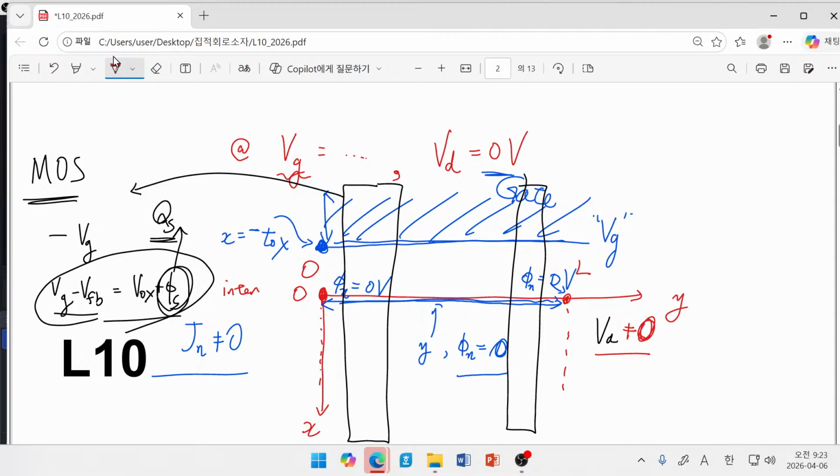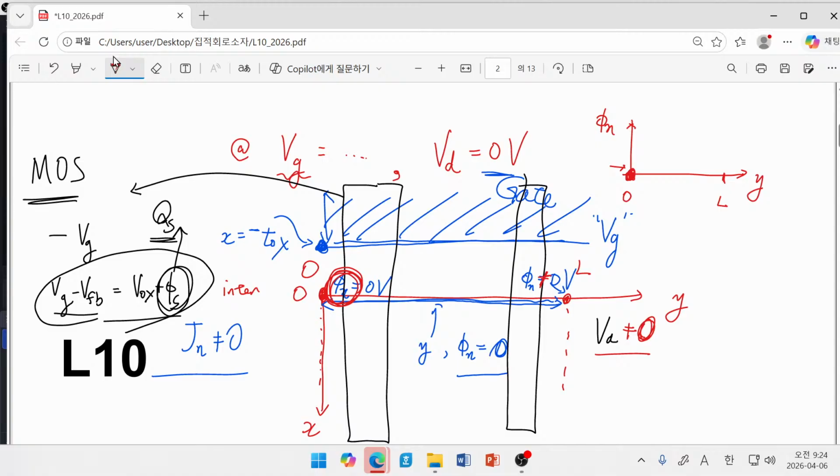Now, we certainly know that the electron quasi-Fermi potential vanishes at this point, and it does not vanish at this point. If I draw, for example, Y and draw phi n, certainly it hits this origin, because here we have 0 and L. Yes, this one is given by our boundary condition.